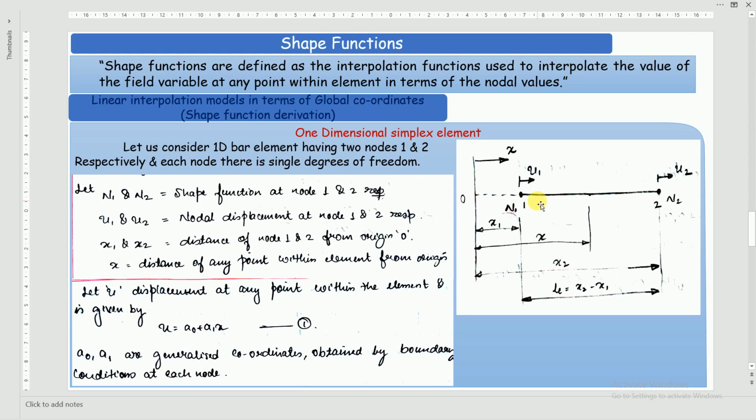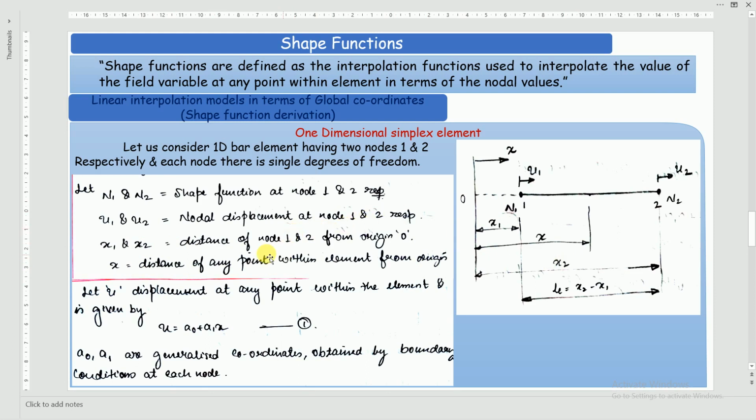We are not considering 2 degrees, only a single degree of freedom per node. n1 and n2 are called shape functions for node 1 and node 2 respectively. u1 and u2 are called nodal displacements because they are the displacements of these particular nodes. x1 and x2 are distances of node 1 and 2 from origin O, and x is the distance of any point within the element from the origin.